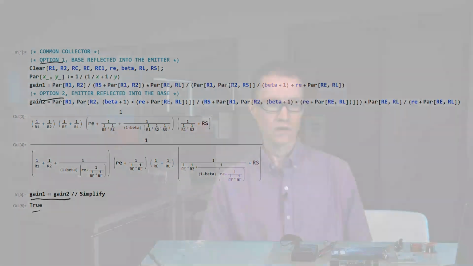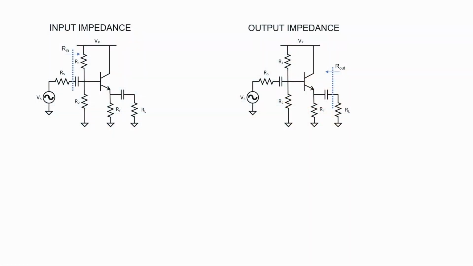I now want to find expressions for both the input impedance and the output impedance of the common collector amplifier. Let's start with the input impedance. Of course, to find a proper expression for the input impedance, it's not merely going to be R1 in parallel with R2. We also have some current going into the base, so we're going to have to use impedance reflection in order to find out what the resistance is looking into the base.